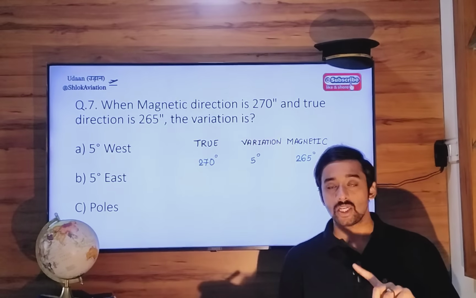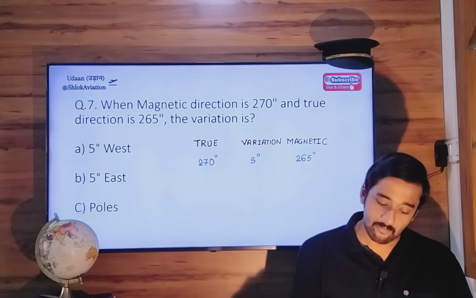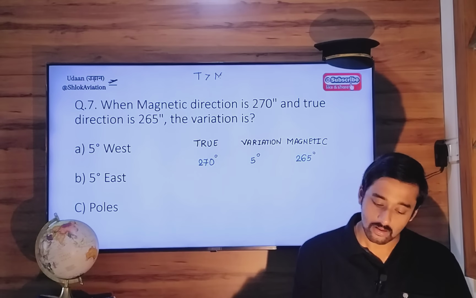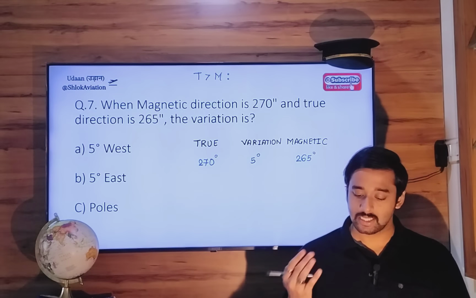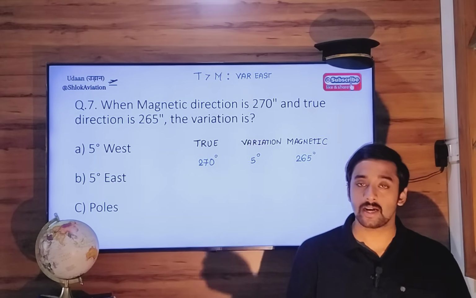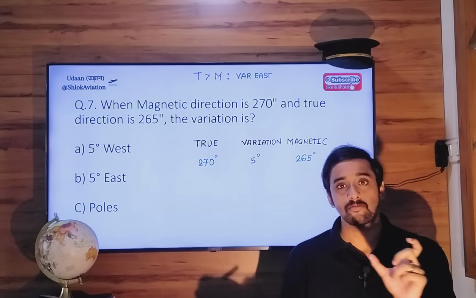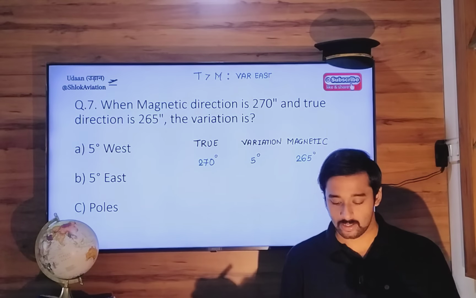Now whether this variation will be west or east. Now if true is more than magnetic, that means magnetic is less than true. So variation is east. Remember the mantra that we always use, variation east, magnetic is least. Means magnetic direction is less than the true direction.